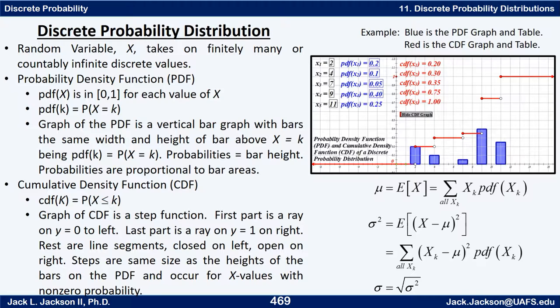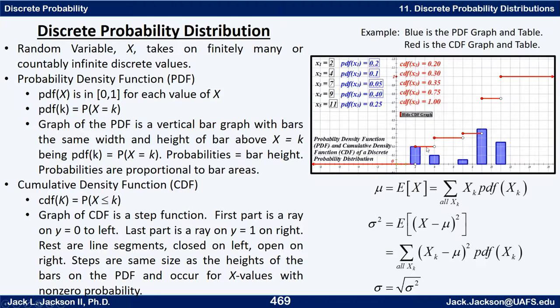The cumulative density function, CDF, of a k value is the probability that x is less than or equal to k. And the graph of the CDF is actually a step function. The first part on the left is a ray that goes forever to the left at y equals 0, and the last one is a ray going forever to the right at y equals 1.